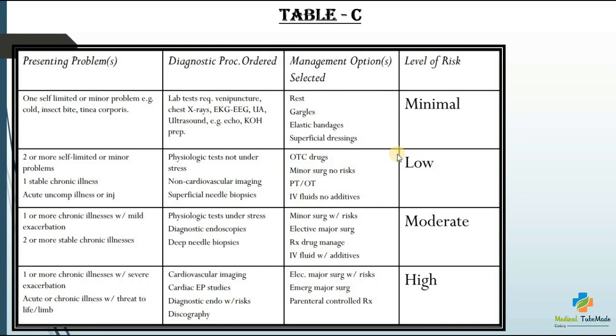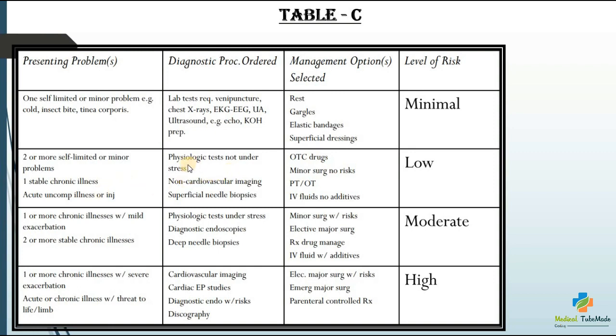Okay, then guys, check for low risk. So here you can see 2 or more self-limited or minor problems. In case of minimal, 1 self-limited minor problem, but in case of low, 2 or more self-limited minor problems should be there. Then 1 stable chronic illness and acute uncomplicated illness or injury. 1 stable chronic illness means suppose diabetes mellitus, hypertension, hyperlipidemia, like that.